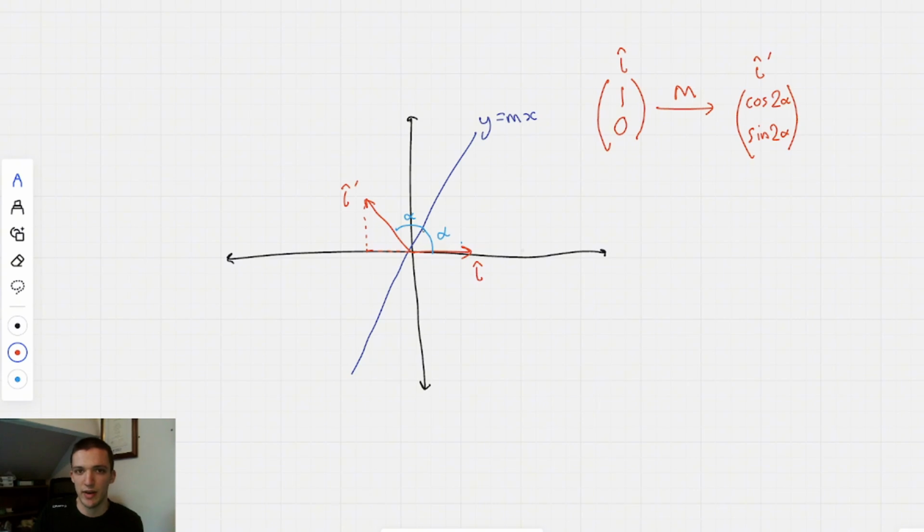And as a reminder, alpha is actually the angle of our line here, and so this is such that tan of alpha is equal to m, and therefore alpha is equal to the arctan of m. This is going to be really useful later, but we'll see what happens when we get there. So that is what happens to i hat under the transformation M. Now let's do the same thing for j hat.